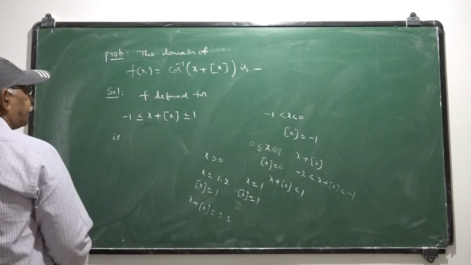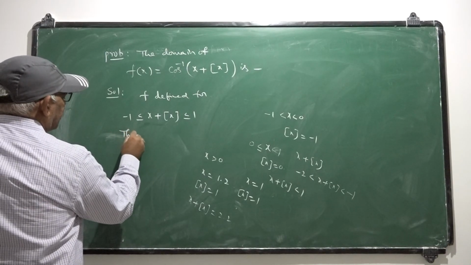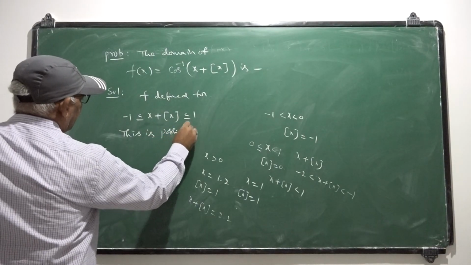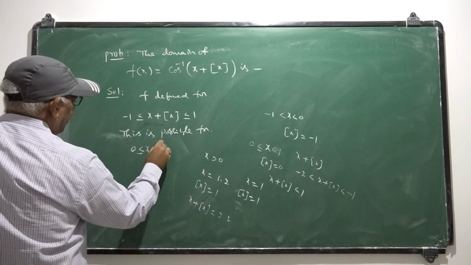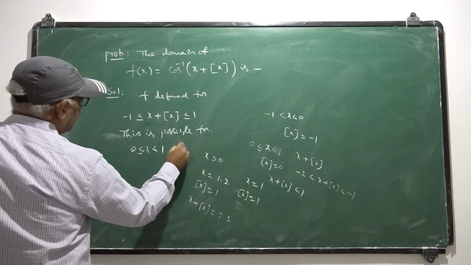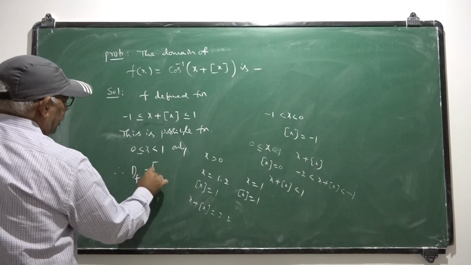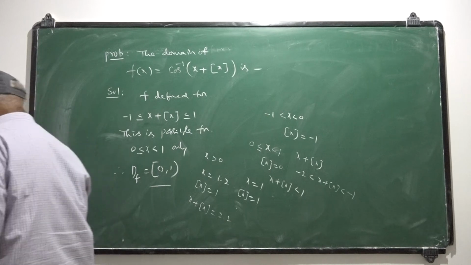So this is possible for x between 0 and 1 only. Hence, the domain of the function is 0, 1, open at 1 and closed at 0.